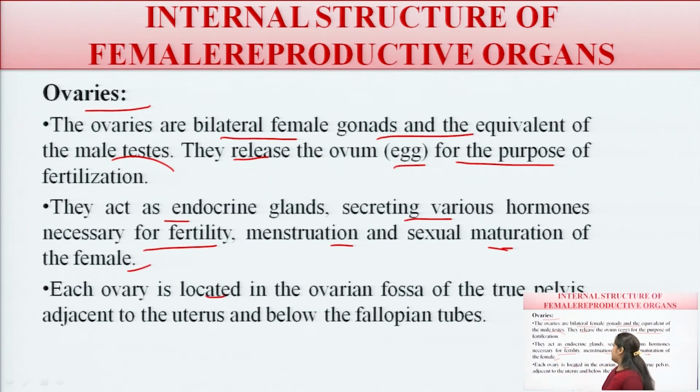Each ovary is located in the ovarian fossa of the true pelvis, adjacent to the uterus and below the fallopian tubes. So this is the location of the ovaries. These are bilateral, and they release the mature egg for zygote formation.